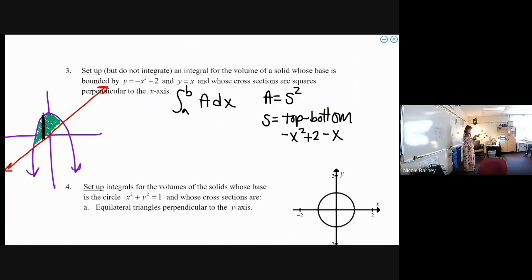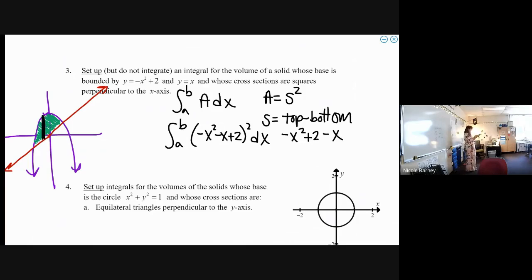We do need to find the intersections, because where do we start and where do we finish? So my side is negative x squared minus x plus 2, squared, dx. I put that in for side, and then I put that in for area.